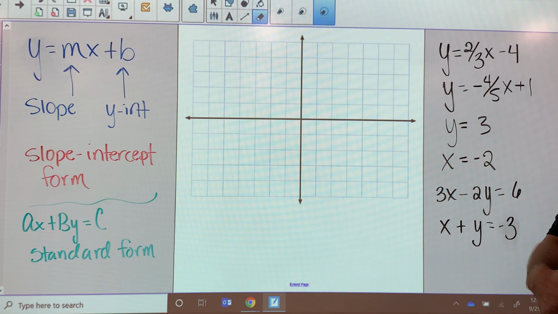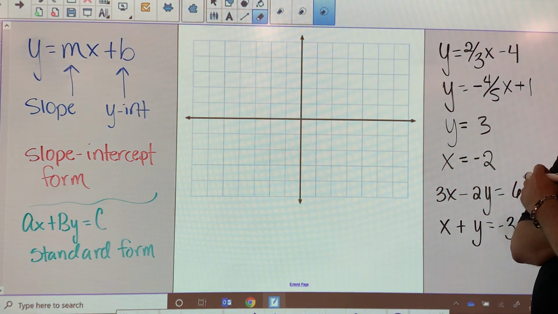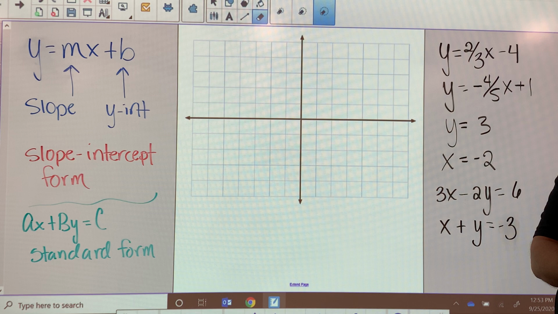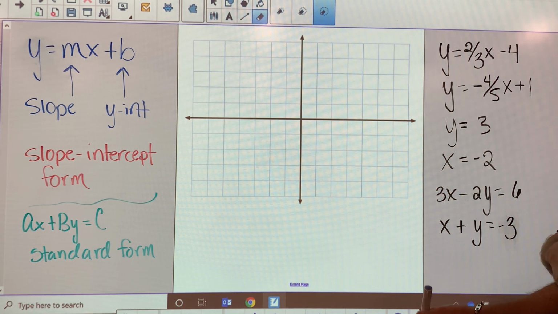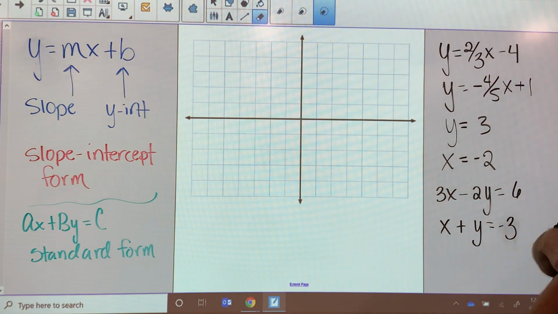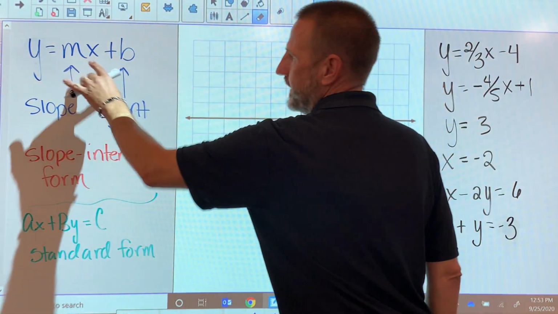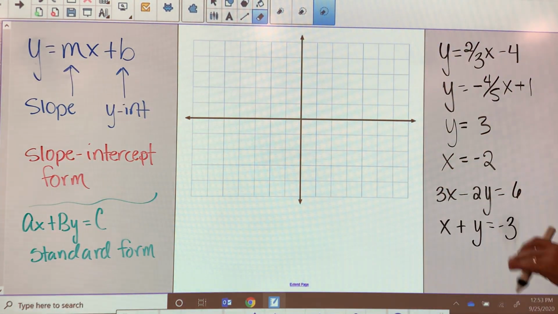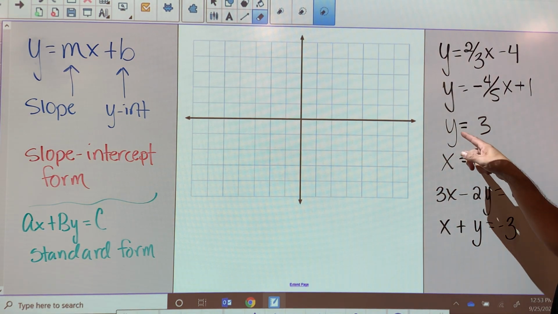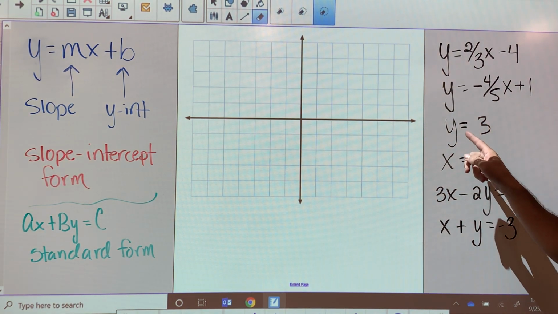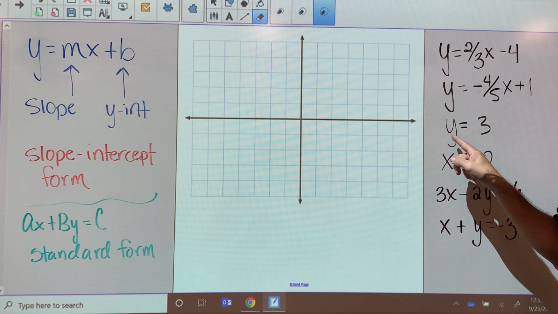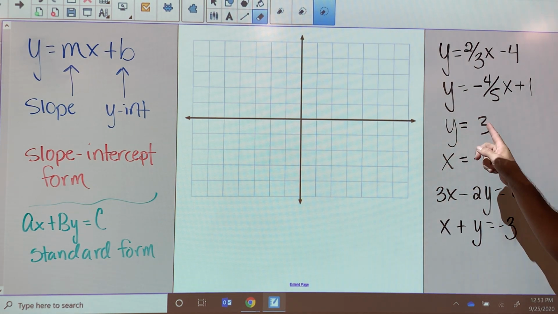And so when our line is called a y = line, we call that a horizontal line, because it's going to go directly across the page, straight across the page. And because it has no mx portion, it has no y = mx part, it just has a y and a b. The way I like to read this, a horizontal line, is that it tells me to cross the y-axis at 3.